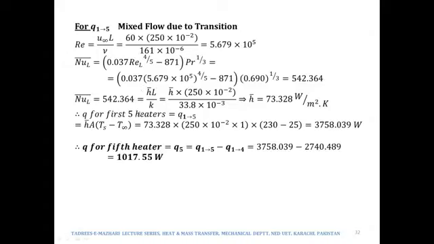And again, upon equating it to H bar times L over K, where L would now be 250. Kindly note that while calculating the Reynolds number, we have put length as 250, because now we are trying to find out Q and of course the Reynolds number for the first 5 heaters. So for the first 5 heaters, the length from the beginning of the plate would be 250 centimeters.